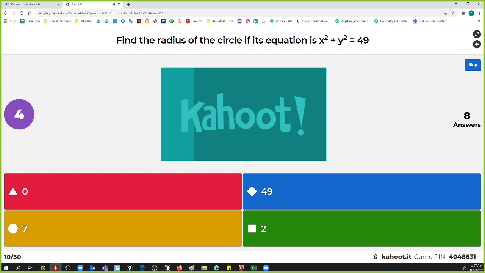What is the equation of the circle? Okay, pretty good.